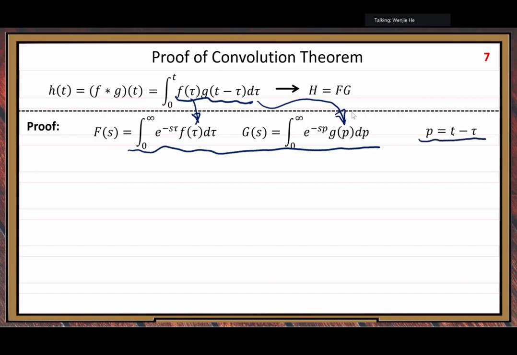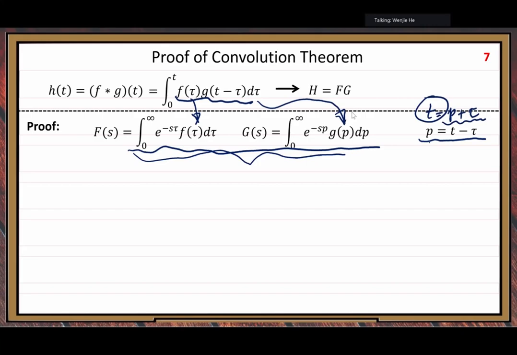p equals t minus tau. Because in these two integrals there is no t, we write t equals p plus tau. So we introduce a new variable t, defined as p plus tau.